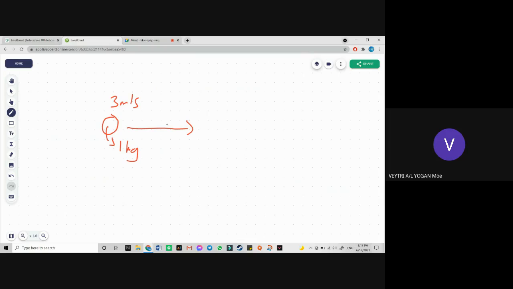Next, that is the initial momentum. Next, we are going to be talking about another ball. Let's say another ball, ball B. Okay, let me use blue color. This ball is moving this way. Let's say it's moving at 6 meters per second and the weight of the ball is 0.5 kilogram.